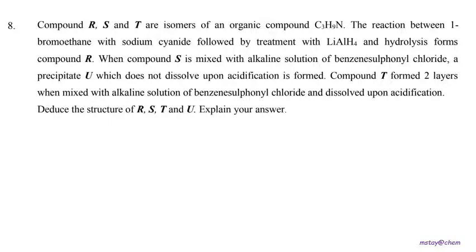Okay, now let's continue with tutorial question number 8. In the previous video, we were already able to identify compound R. Now let's read the next statement. When X is mixed with alkaline benzene sulfonyl chloride, what comes to our mind is the Hinsberg test.